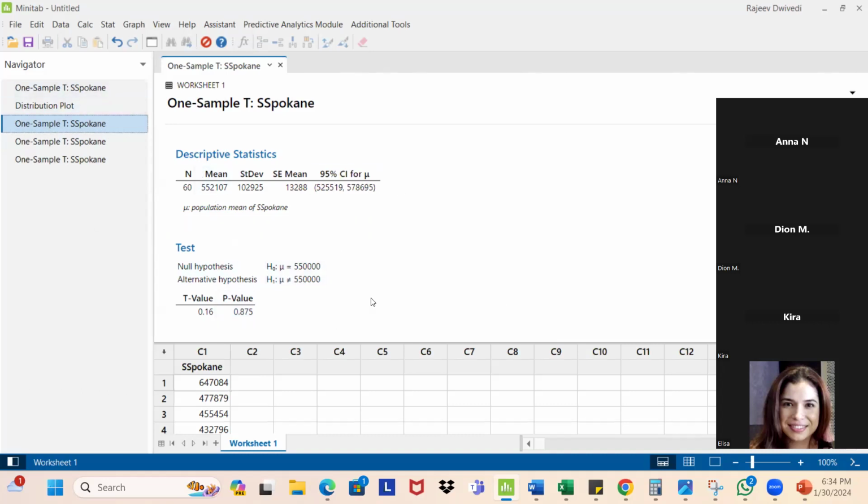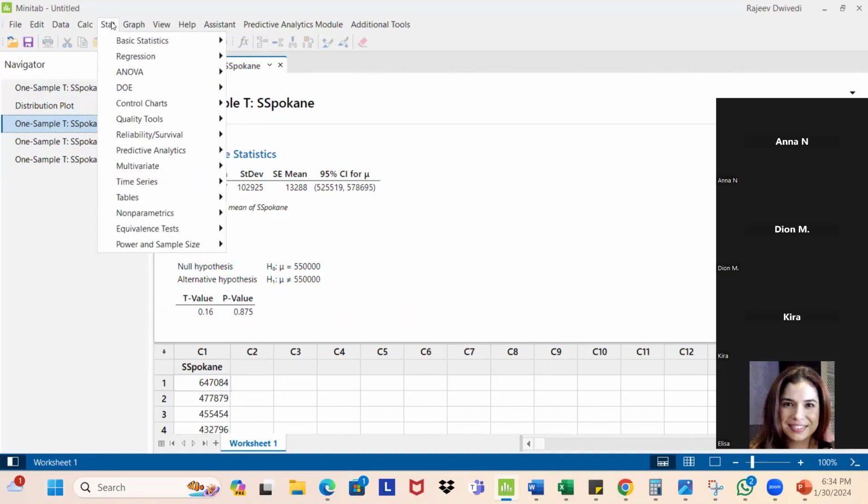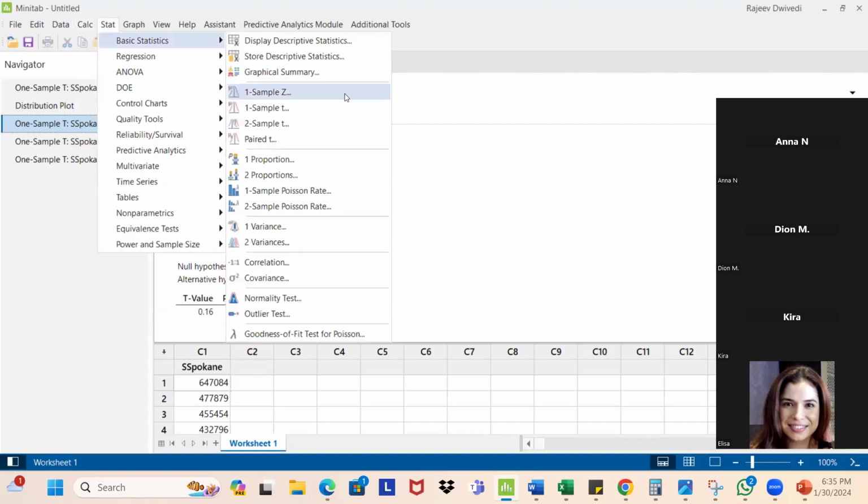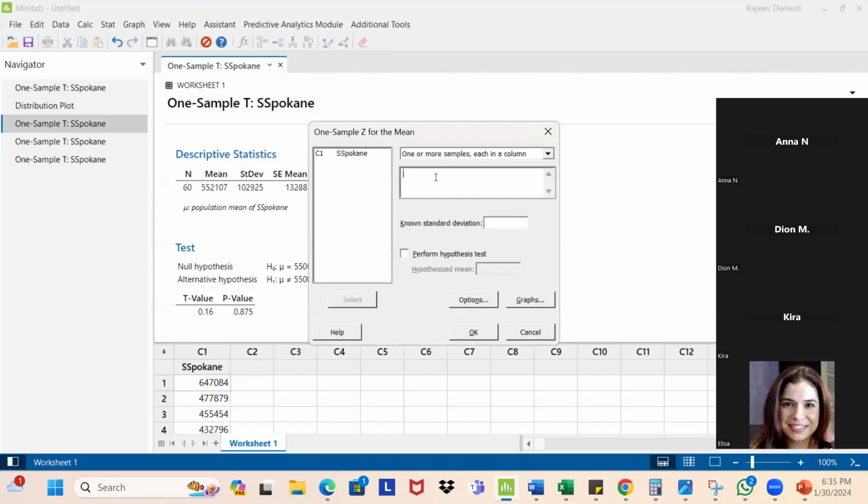So this is the same thing you can do. Basically here again, if you remember from the past week, when do we use z-test? I can use z-test if I know the population standard deviation.